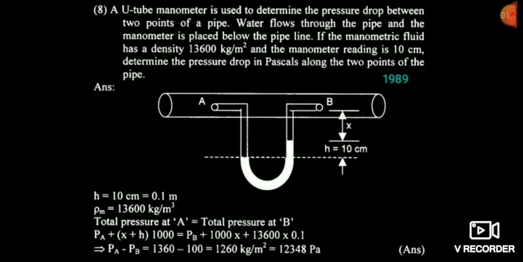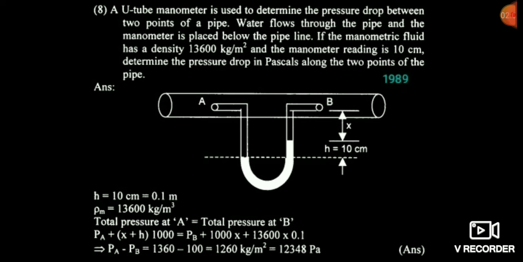So you can simply balance the pressure at point A. At point A, the internal pressure is PA plus (X plus H) into 1000. Friends, in the left limb at point A, only water is present.